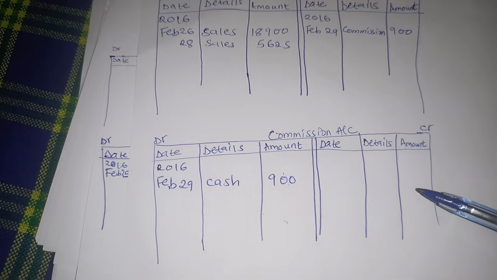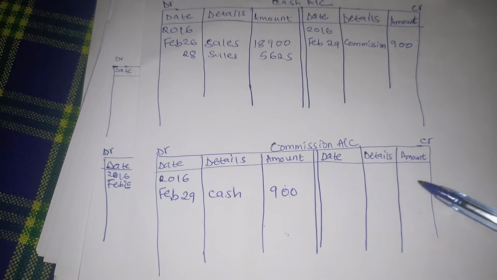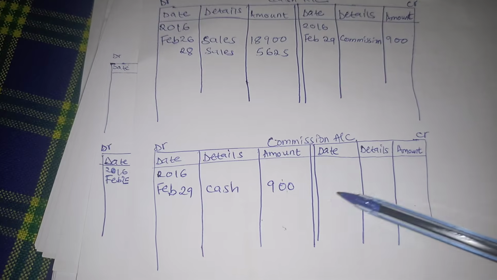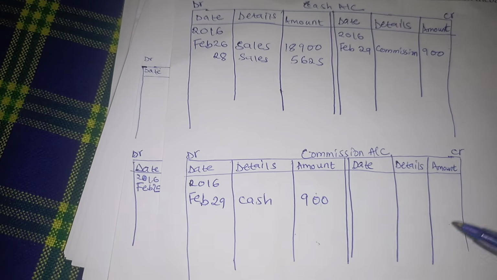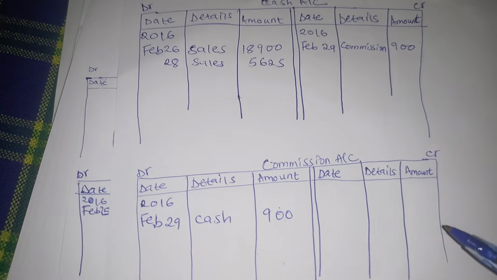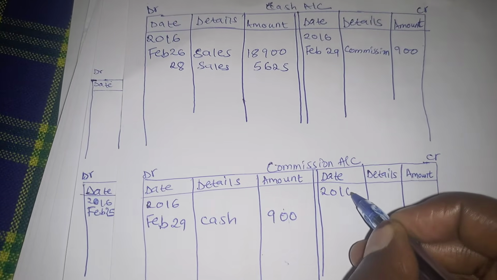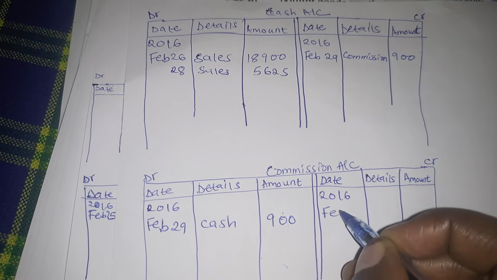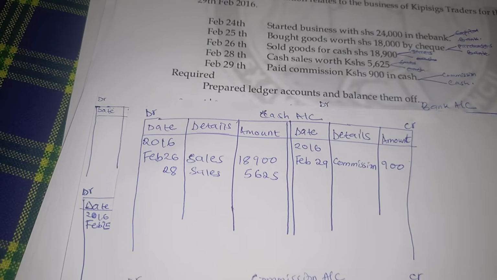Then you get the difference between the debit and the credit side. So 900 minus 0 is 900. The side with the lowest total is where you record the balance. So 2016, the month of February, are we told to balance them as at what?